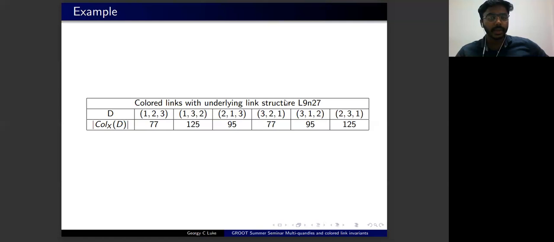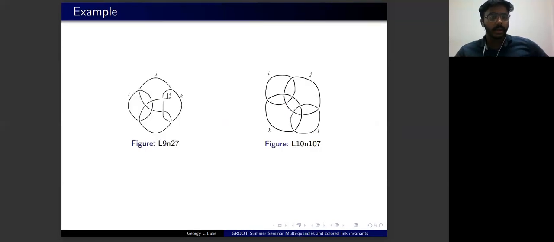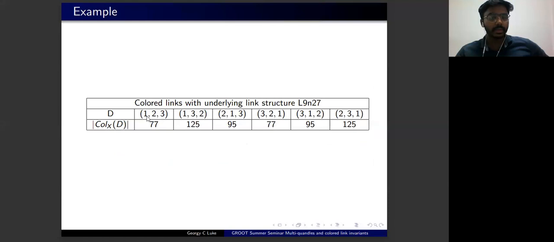For L9N27, this figure, there are only 6 kinds of 3-colorings: 1, 2, 3, 1, 3, 2, like this. 77 is repeated twice, 125 is repeated twice, 95 is repeated twice. This says that if the links have colorings 1, 2, 3 and 1, 3, 2, they can't be ambient isotopic as colored links. So there are at least 3 different sets of colored links for sure.